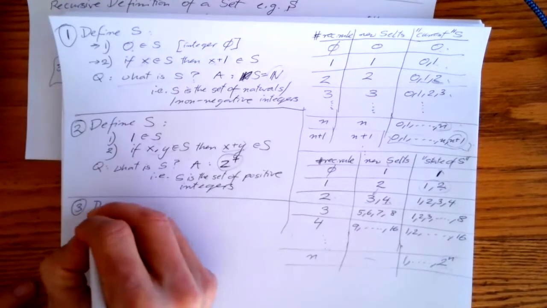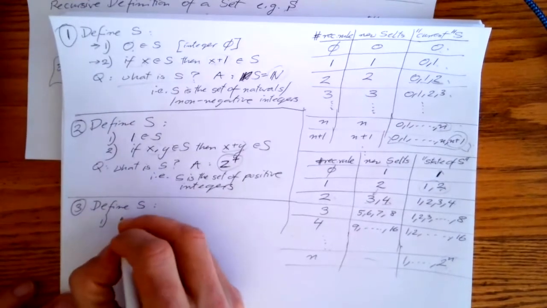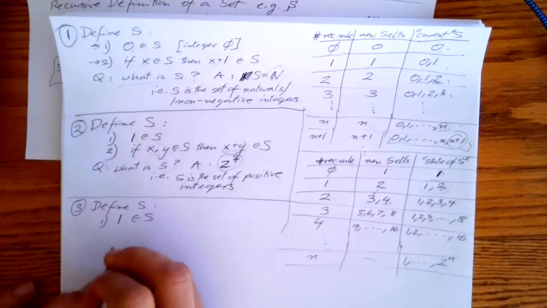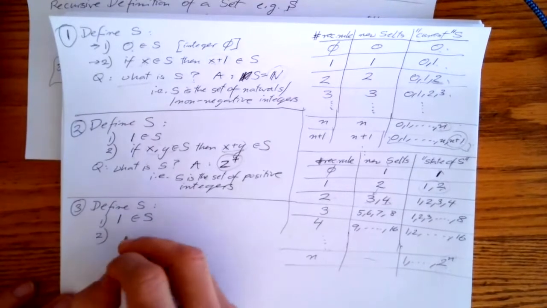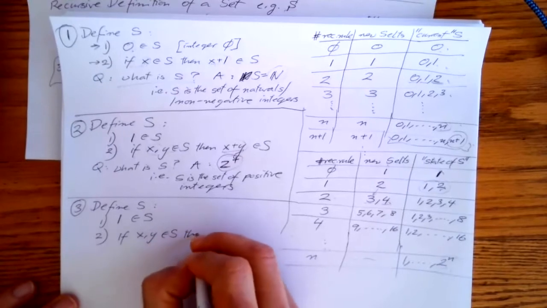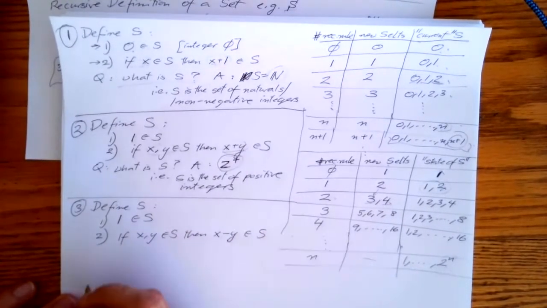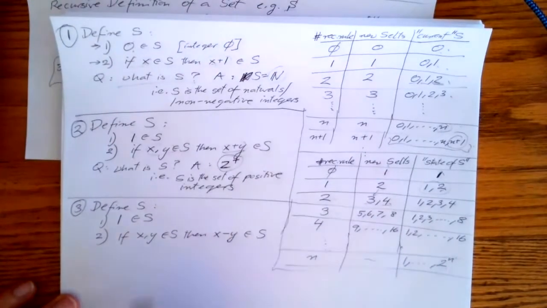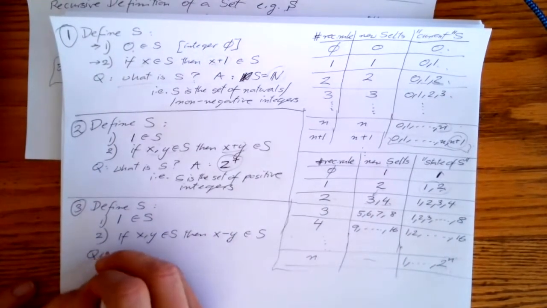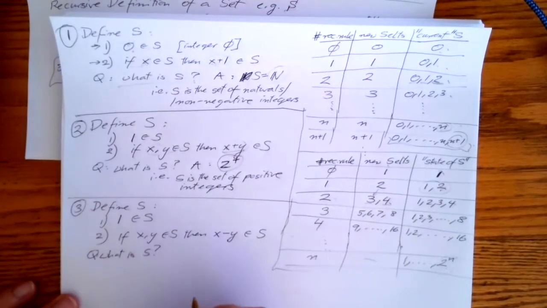Okay, how about you do this? Define S like this. The base case is 1, and the recursive rule is: if x and y are in the set, then so is x minus y. Then our question is, what is S?